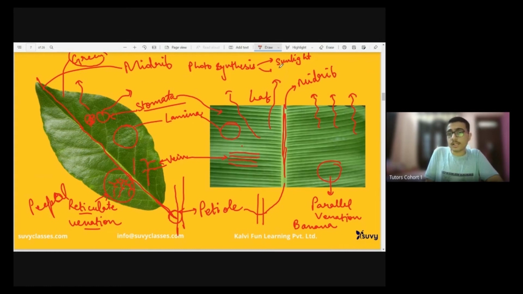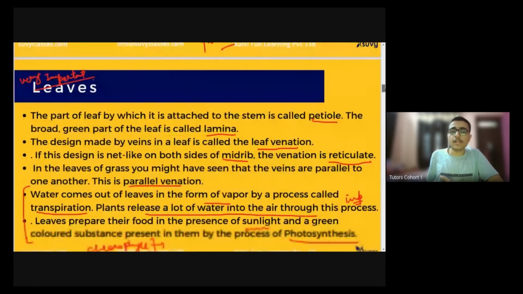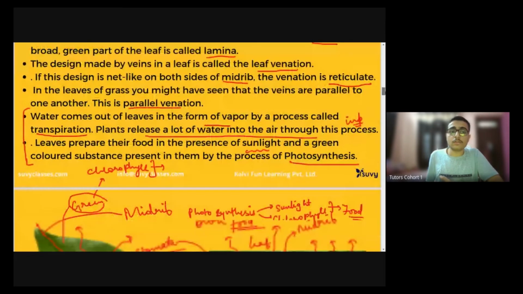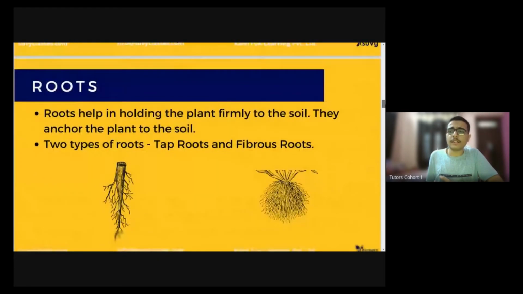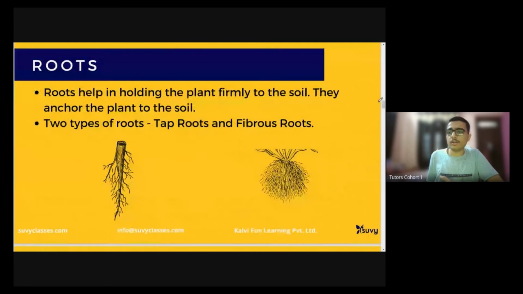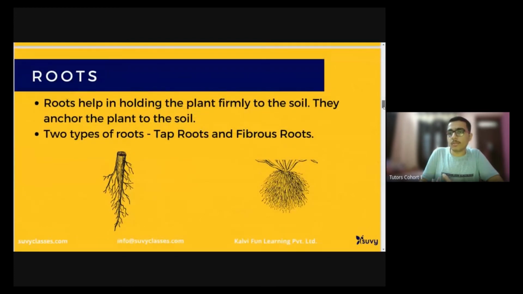And next, the leaf should contain the green pigment called chlorophyll. By this process, they prepare food. The exact procedures and chemical reactions we will study again in the further classes. So that's the basic thing about the structure of leaves. I hope this was clear to you. It was not that tough, and I hope you have understood the topics well.